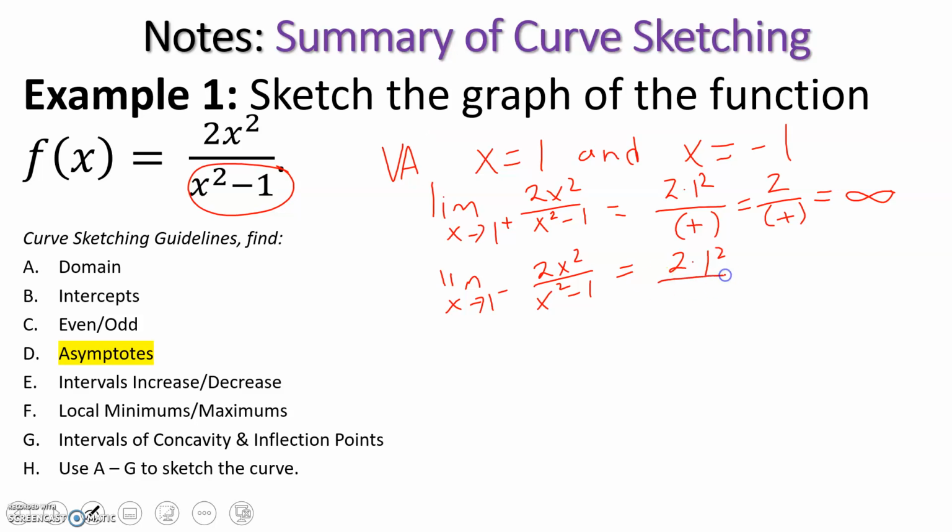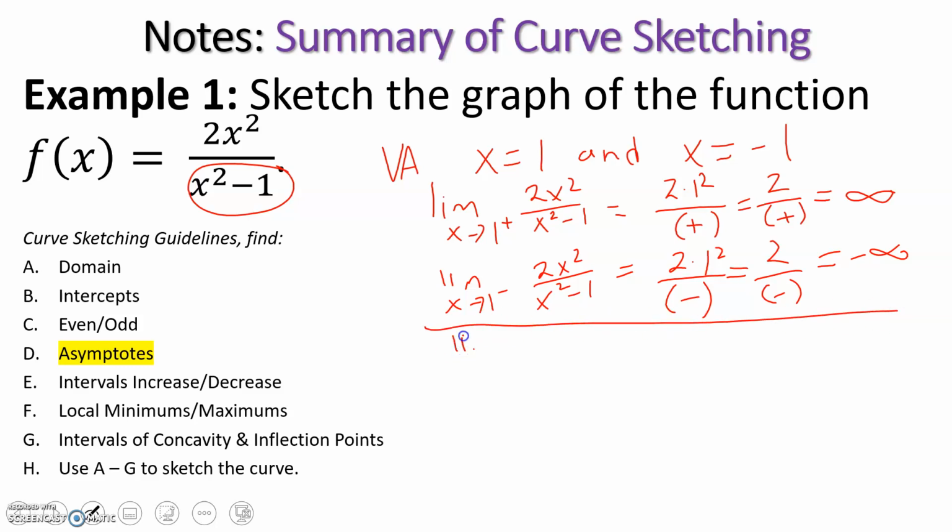So this bottom will be a really small negative, meaning I have 2 divided by a really small negative. Thus, we are going to get a really big negative.